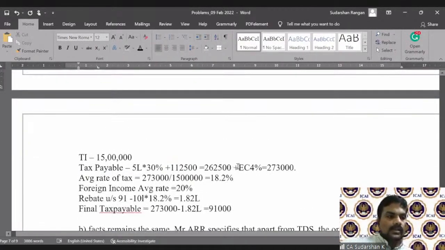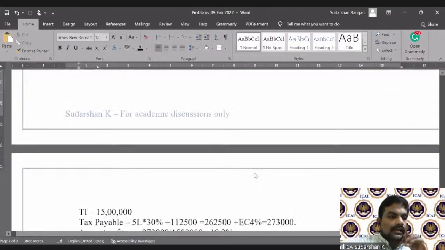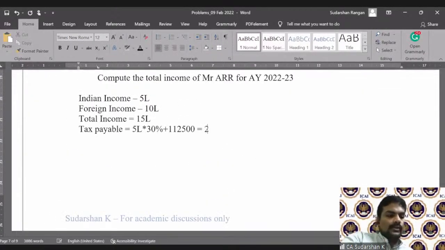So the tax comes to 2,62,500. Add your education cess of 4%, there's no surcharge, and it works out to 2,73,000.